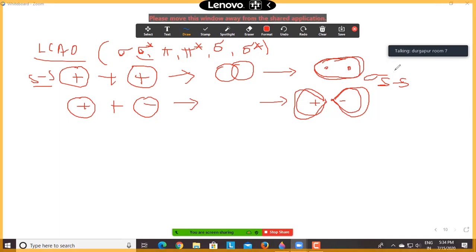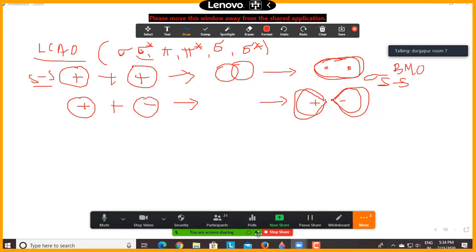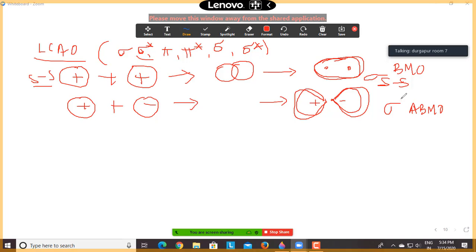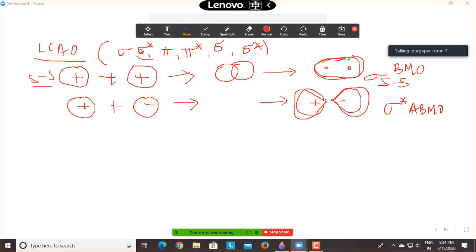So if this is there, it will give you bonding molecular orbital, understanding or not? But if this is the case, it will give you anti-bonding molecular orbital, ABMO. Okay. So this is called sigma star. So this is called constructive interference. This is called destructive interference.